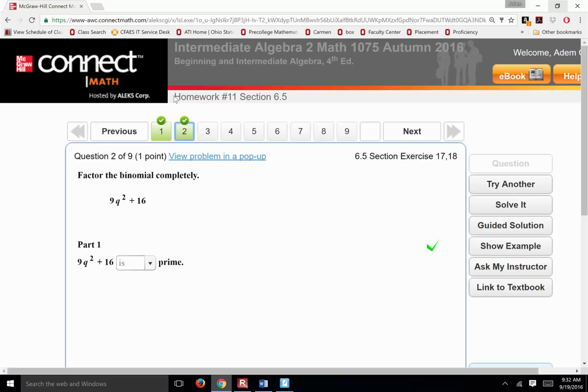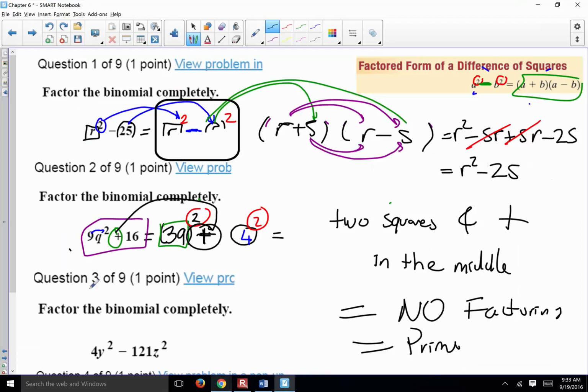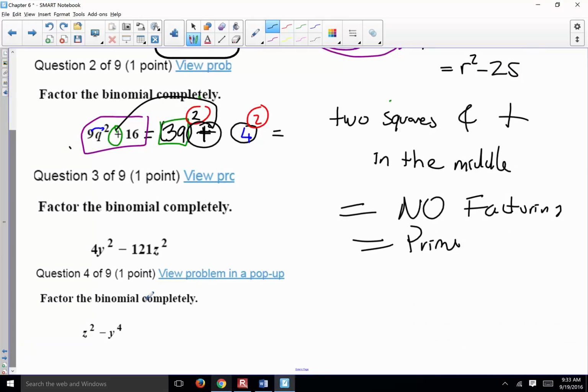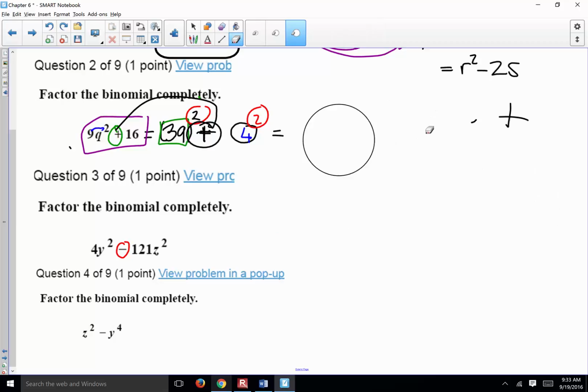Okay, all right, our next one is, first take a look and tell me, is this prime or not? This is not prime because I see 2 squares and a minus in between. I know I'm going to split this into 2 parentheses. Perfect, let's do it.